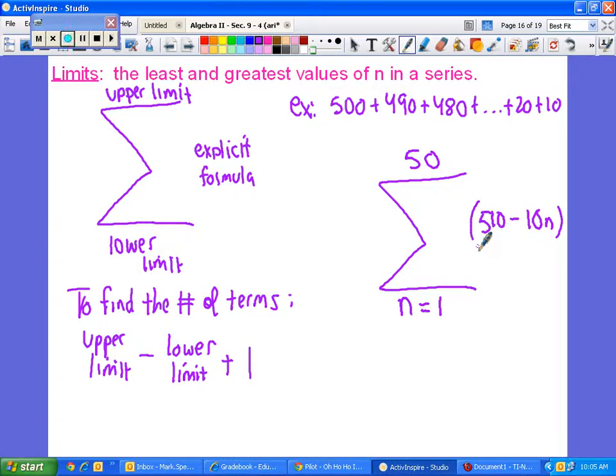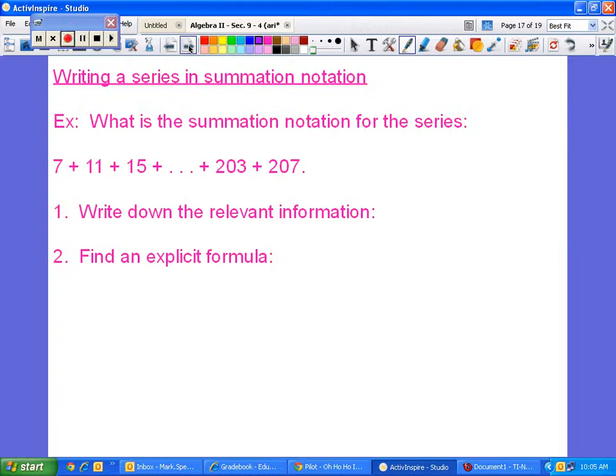All right, so let's do one. Here's my series, and what we want to do is write this series in summation notation. Since we know we're going to need the explicit formula, a sub n is equal to a sub 1 plus n minus 1 times d, we might as well write down the relevant information.